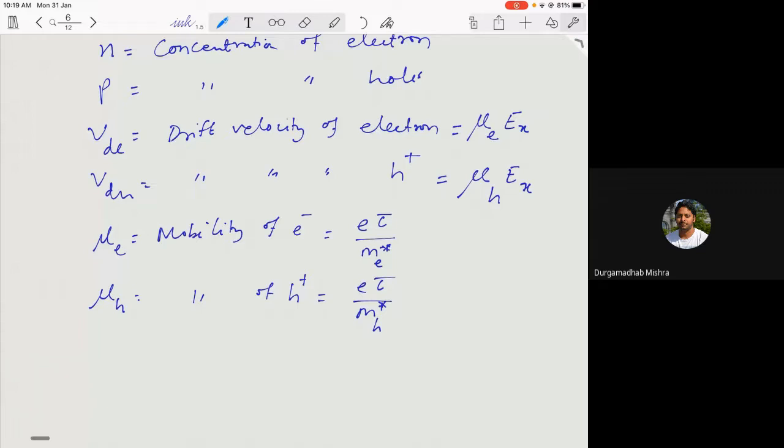So it has charge, it also has a mass, and therefore it has mobility. And that is how you will get a resistance due to the movement of this hole. So this effective mass basically says that there is a resistance to the motion when a hole is in an electric field.